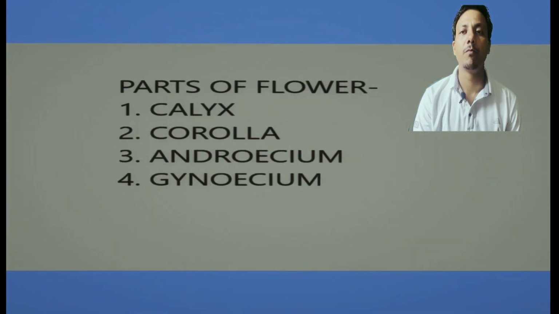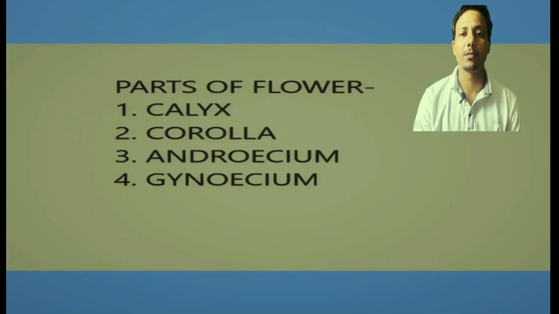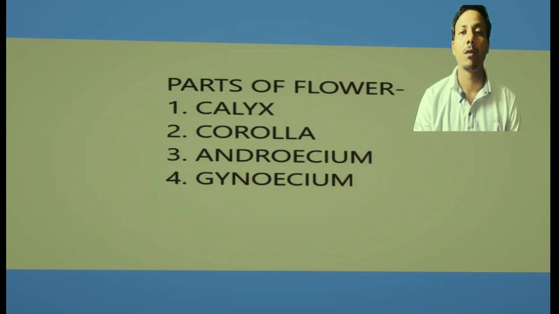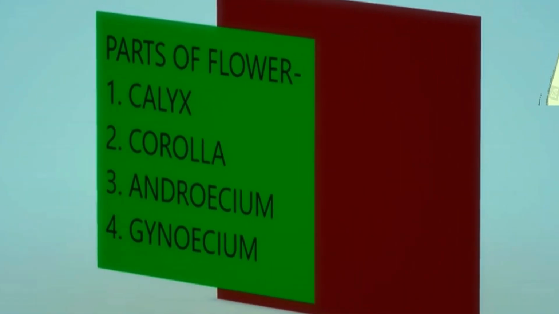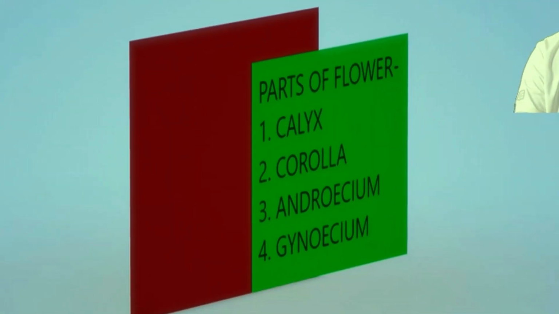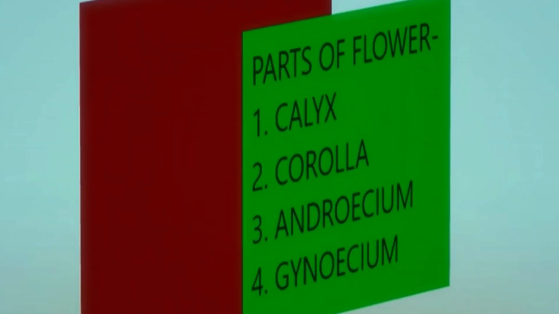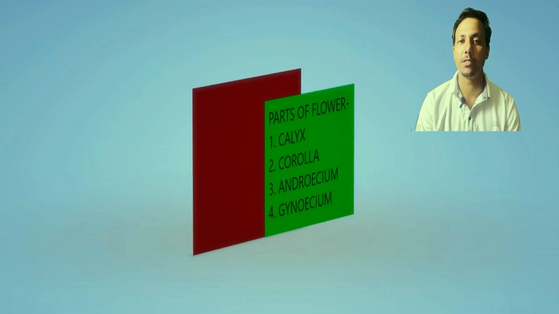These 4 whorls are Calyx, Corolla, Androecium, Gynoecium. Calyx, the sepals, is the outermost whorl of the flower, usually green and leaf-like, and protects the floral bud in its early stage.